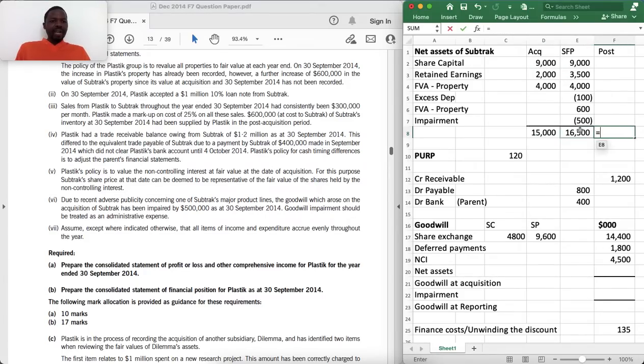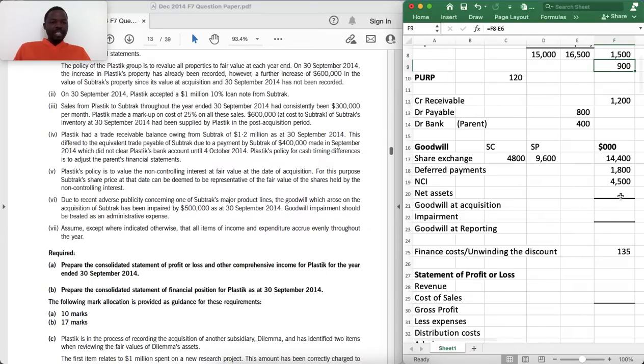Then the post-acquisition reserves is 1.5. But we need to split between profit and gain. The gain here is 600. So we'll say this less the gain that goes to other comprehensive income. So the profit element is 900, like that.